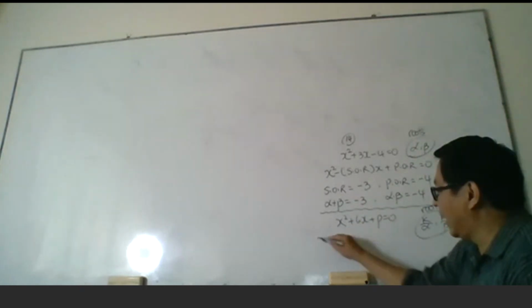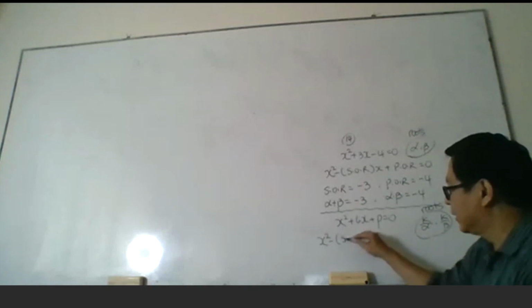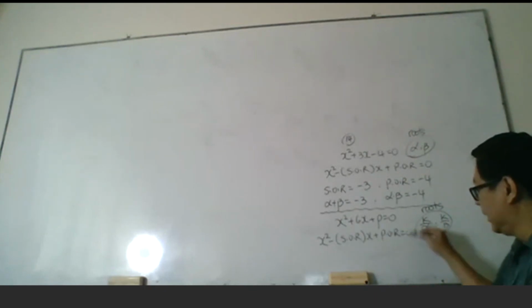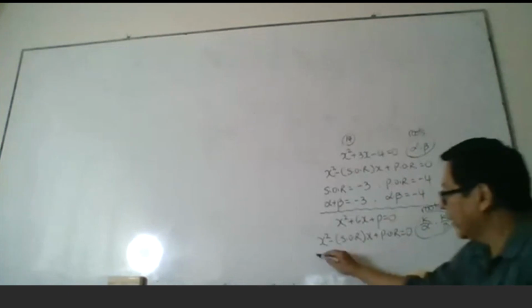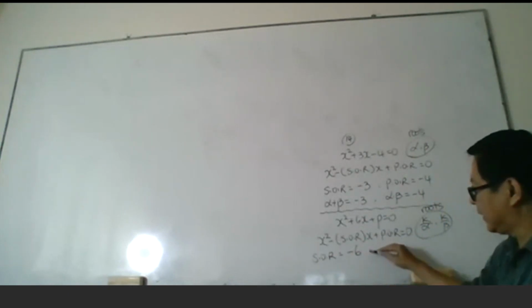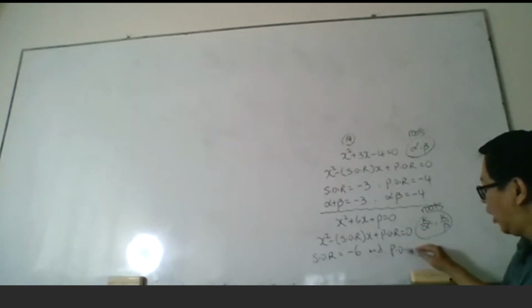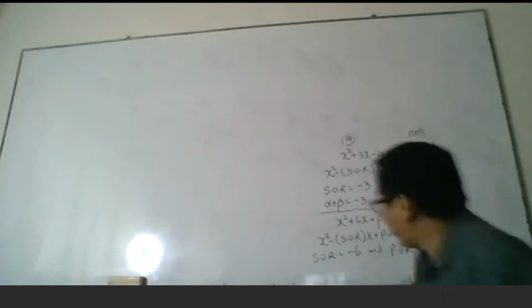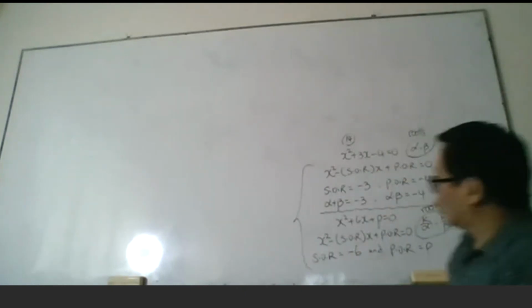And so we know that x squared minus the sum of the roots x plus the product of the roots equal to 0. The sum of the roots is negative 6, and the product of the roots, in this case, is p. I'm going to combine these two.